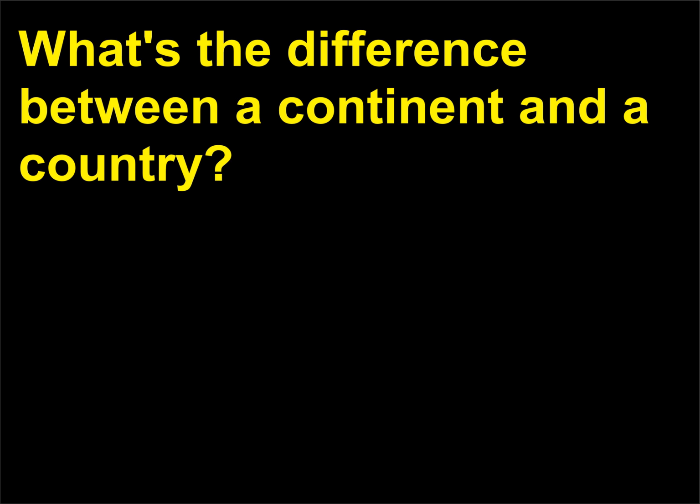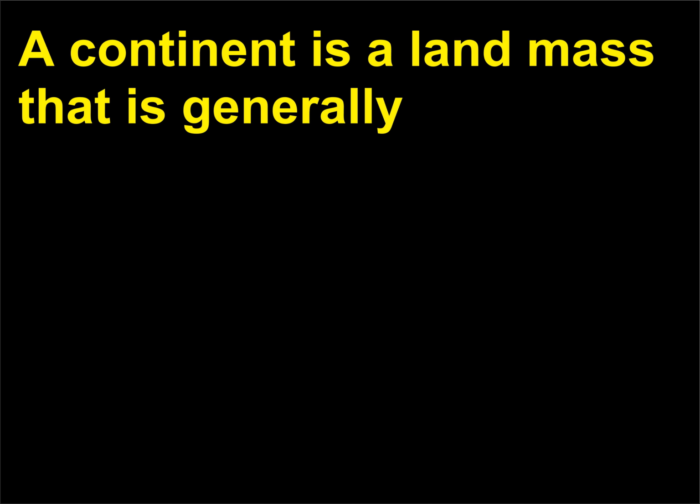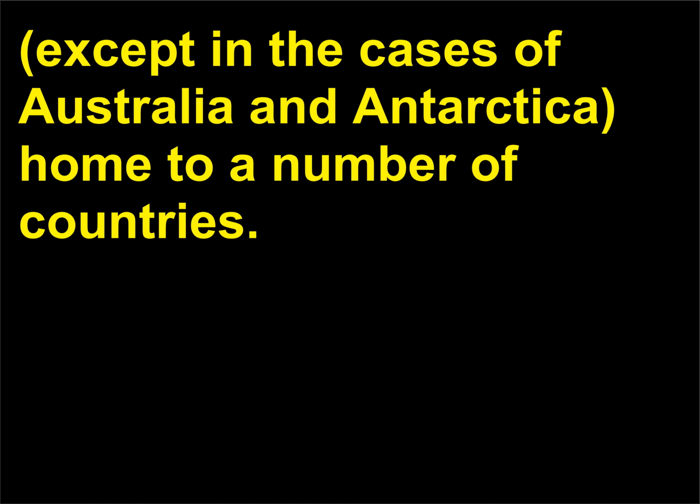What's the difference between a continent and a country? A continent is a land mass that is generally, except in the cases of Australia and Antarctica, home to a number of countries.